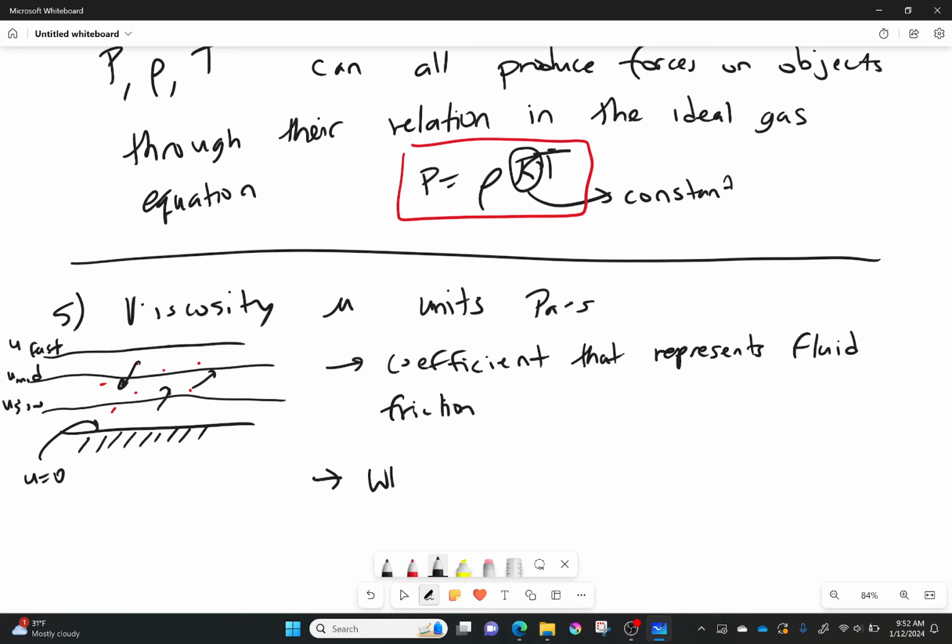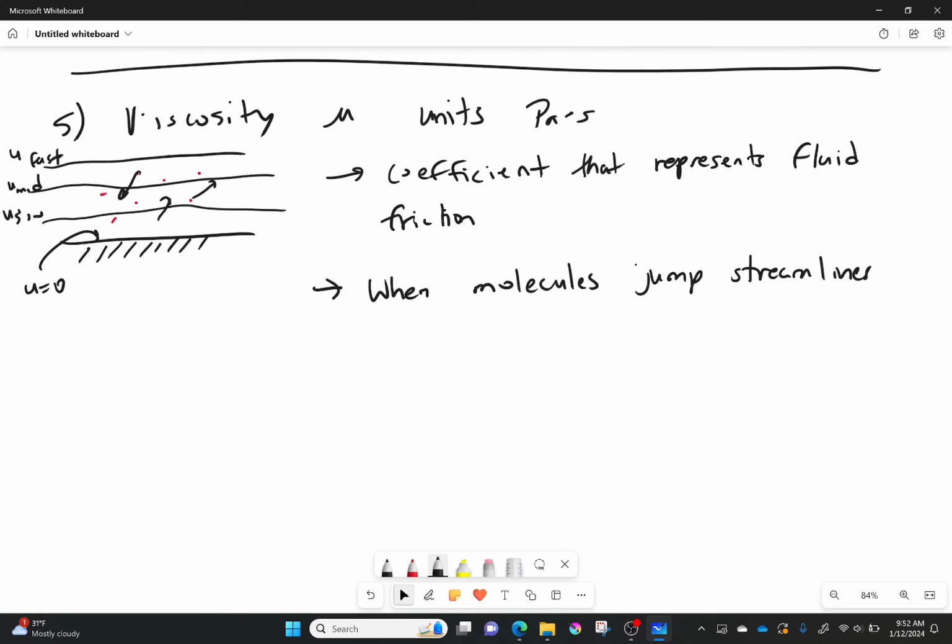When those molecules jump streamlines, or another way of putting that is when they go from a part of the flow that is faster to a part of the flow that is slower, and vice versa, they have to change velocity.